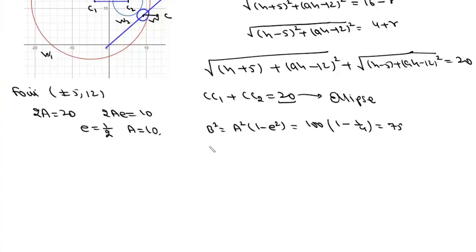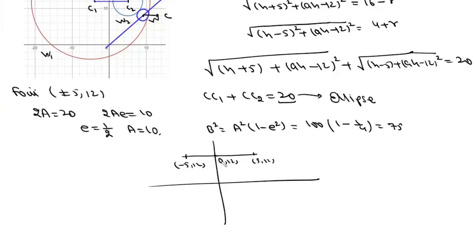So we have this ellipse with foci at minus 5, 12 and plus 5, 12. So its center will be at 0, 12. So it will be this ellipse whose equation is x square upon 100 plus y minus 12 whole square upon 75, and it is equal to 1.